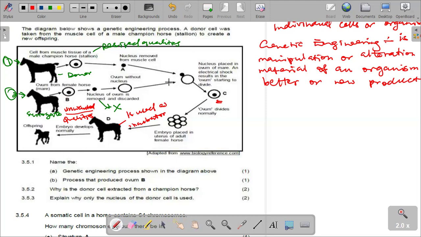Before we go to our questions, please take note that this offspring has got the qualities of the what? Of the champion horse.